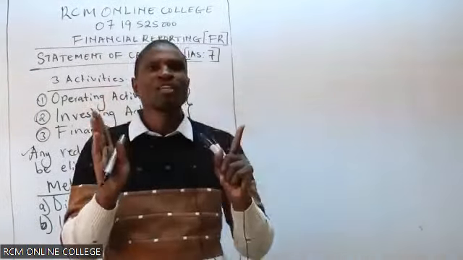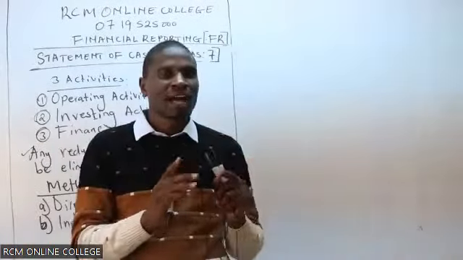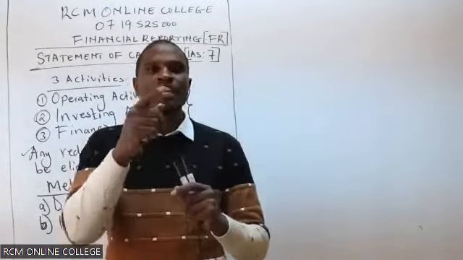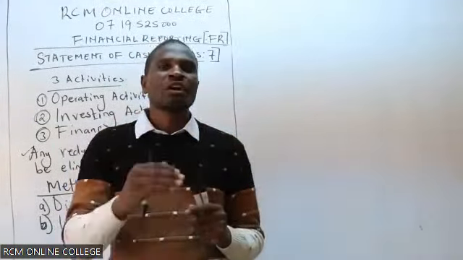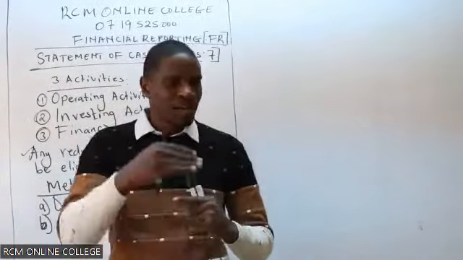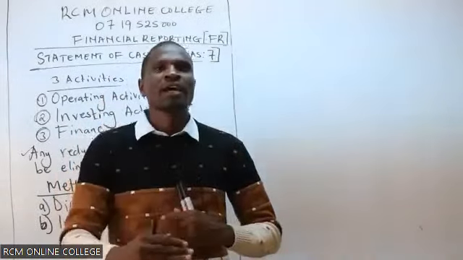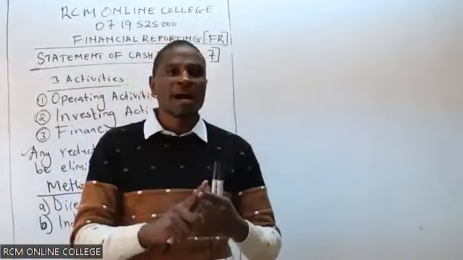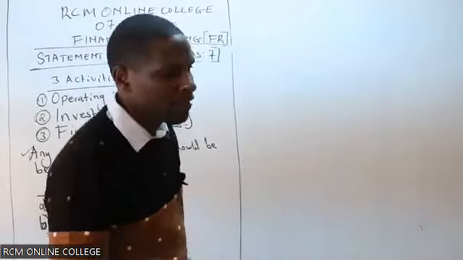It can be a profit or a loss. And then you adjust it. We need to adjust that profit before tax. For the indirect method, we do it backward. We start with profit before tax and move on, so that at the end of the day, we see the balance of cash that will be carried down.